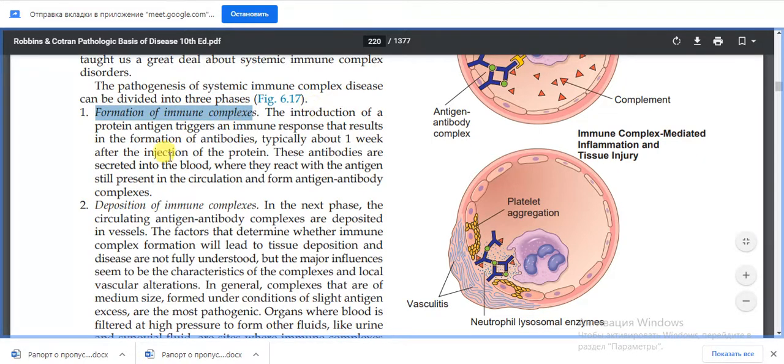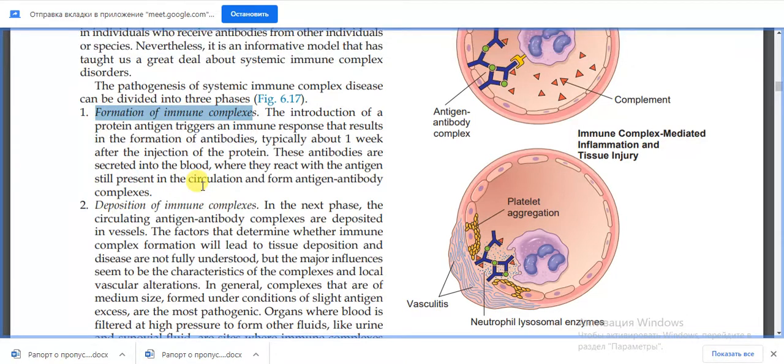Introduction of a protein antigen triggers an immune response that results in the formation of antibodies, typically about 1 week after the injection of the protein. These antibodies are secreted into the blood, where they react with an antigen still present in the circulation and form antigen antibody complexes. So as you remember, antibodies are not secreted directly as a first response.